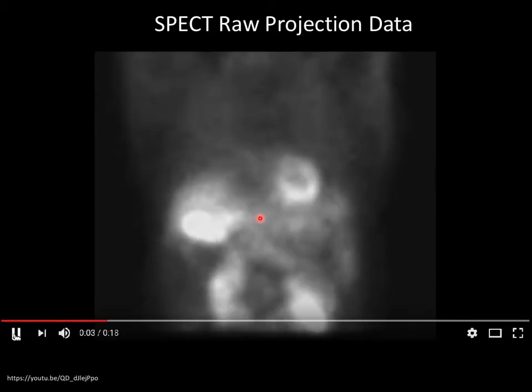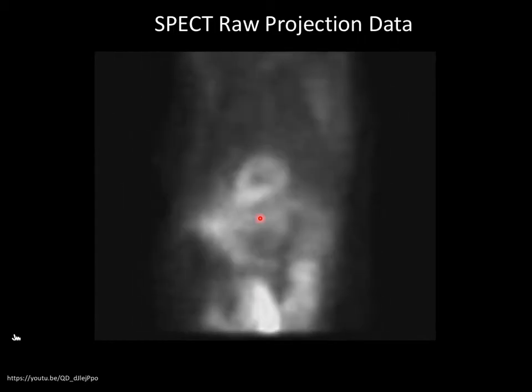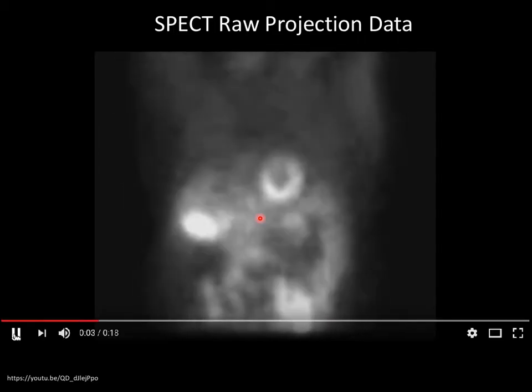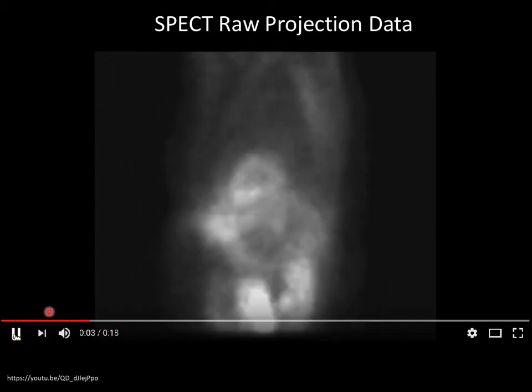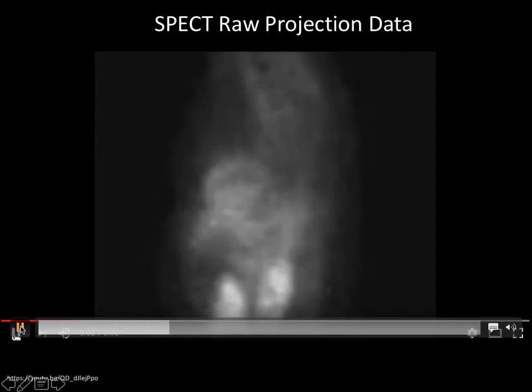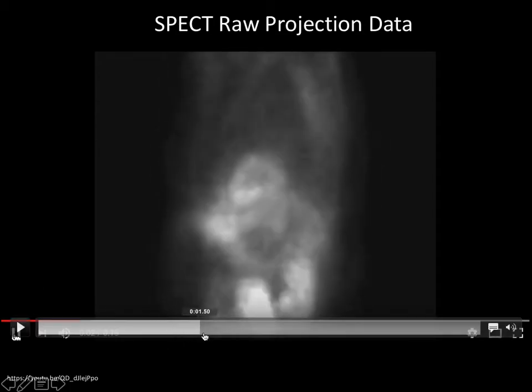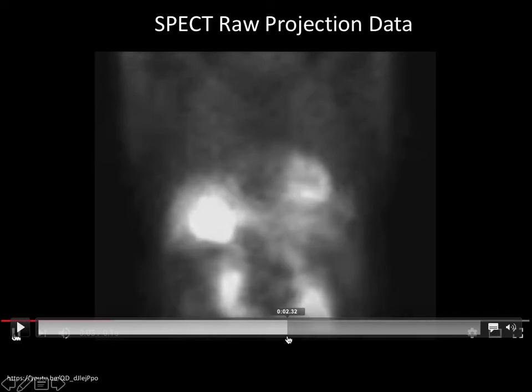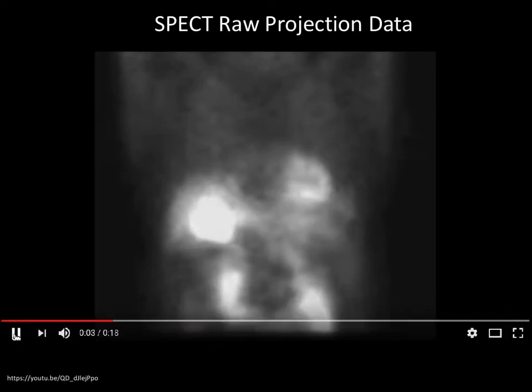And you can kind of see the spatial resolution we're talking about just from this raw data. In fact, in the early days of nuclear medicine, this is a pure AP view of that patient. We're looking from the patient's chest down through their back.